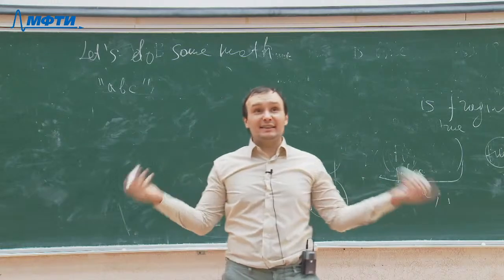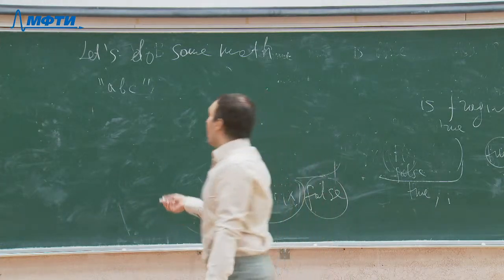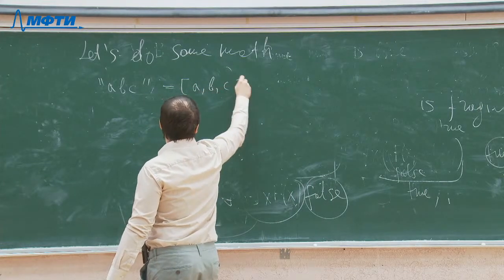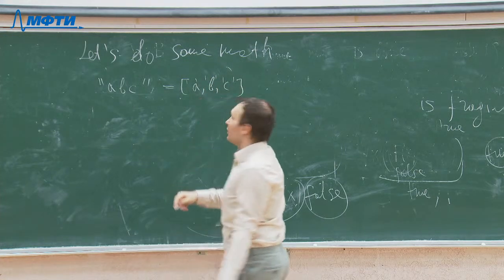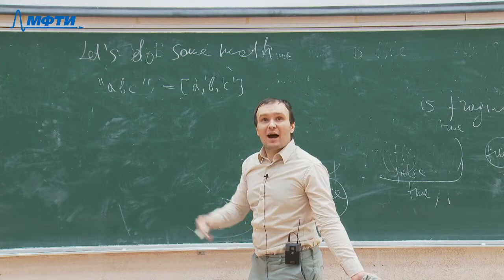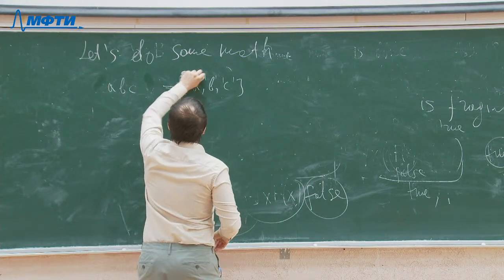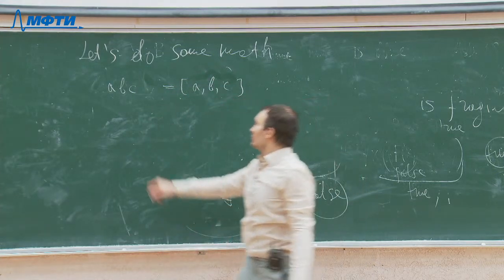It's a finite sequence of some symbols. You can also denote it in the following way, or maybe this one. But in general, I will omit any quotation marks. So this is a string.